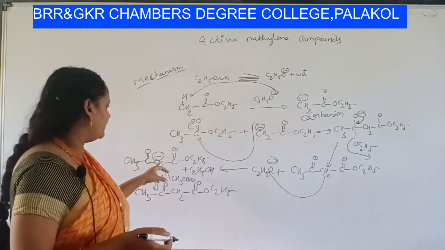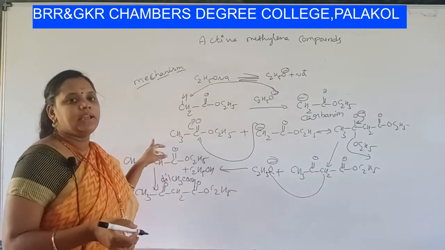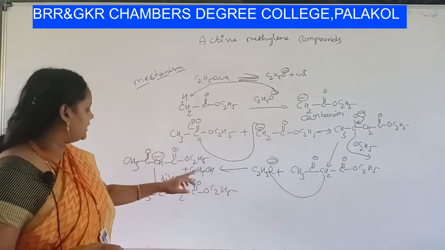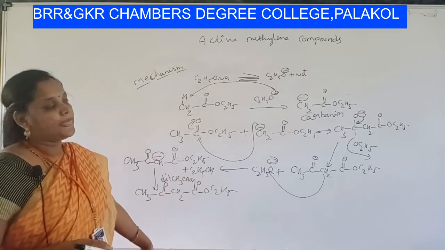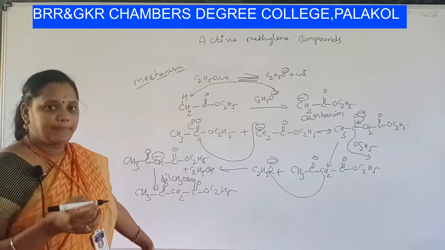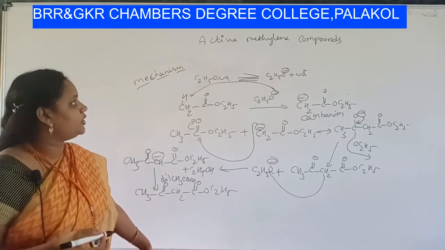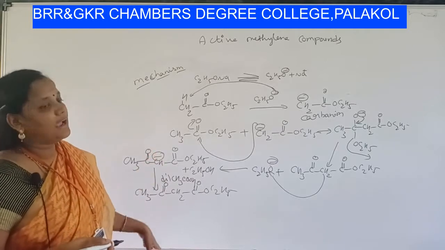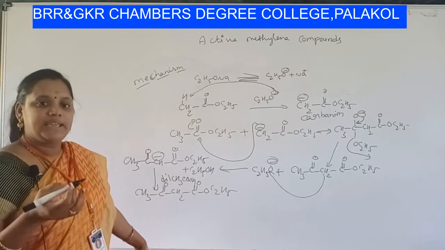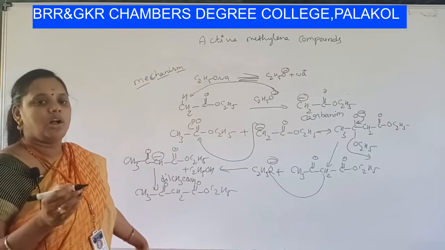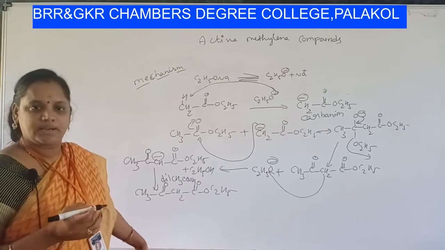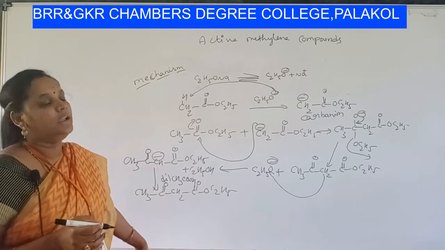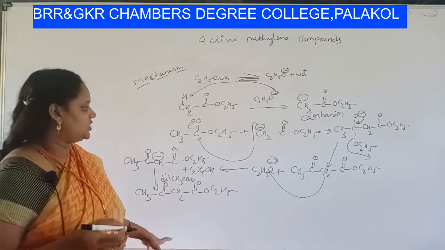Again, we are left with a carbanion. Finally, we add a few drops of dilute acetic acid so that the required product is formed. This is about the preparation of the active methylene compound ethyl acetoacetate or acetoacetic ester. Okay, students, understood? It's a very important essay for your semester examination.